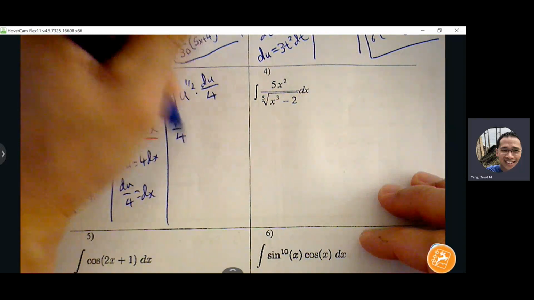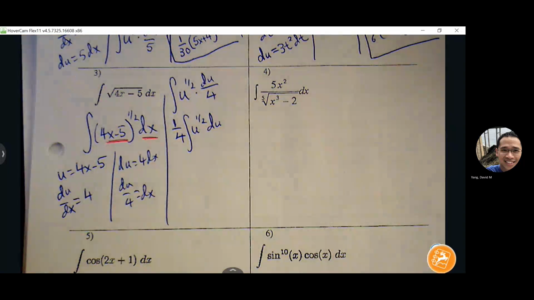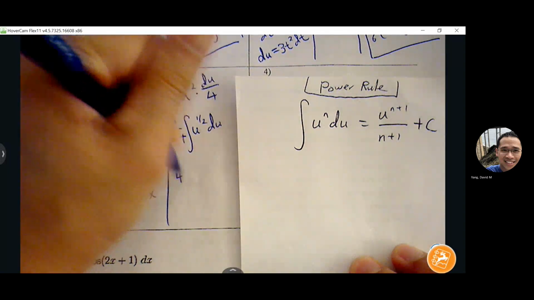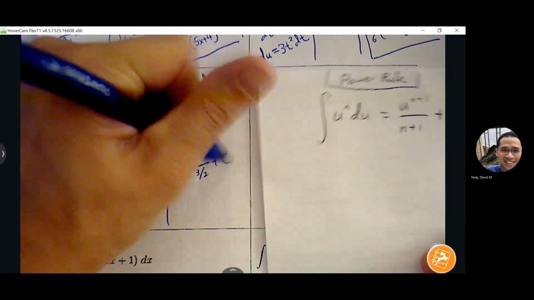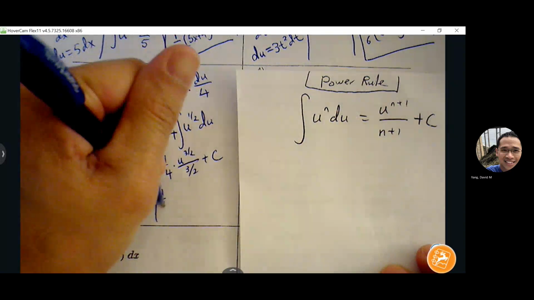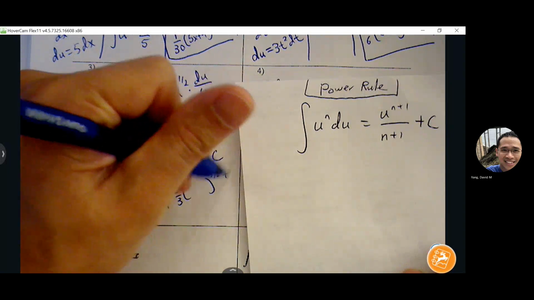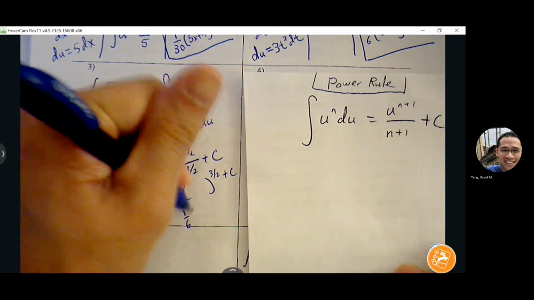Okay, pull the 1/4 out in front. So again, power rule. So 2/12 reduced to be 1/6.